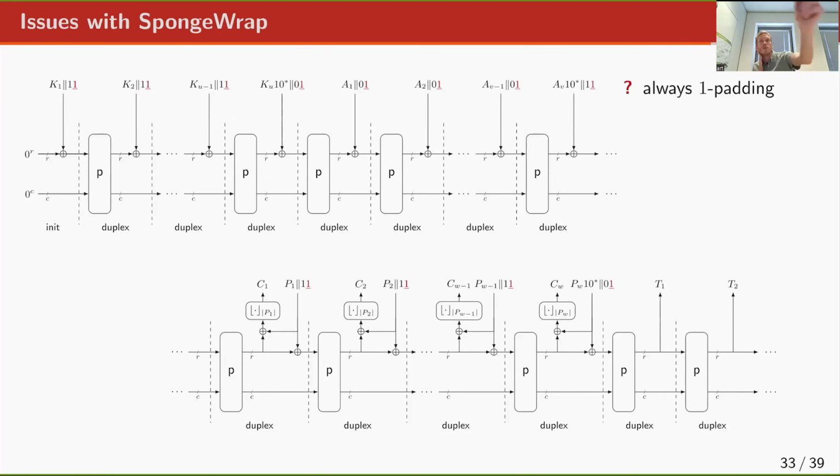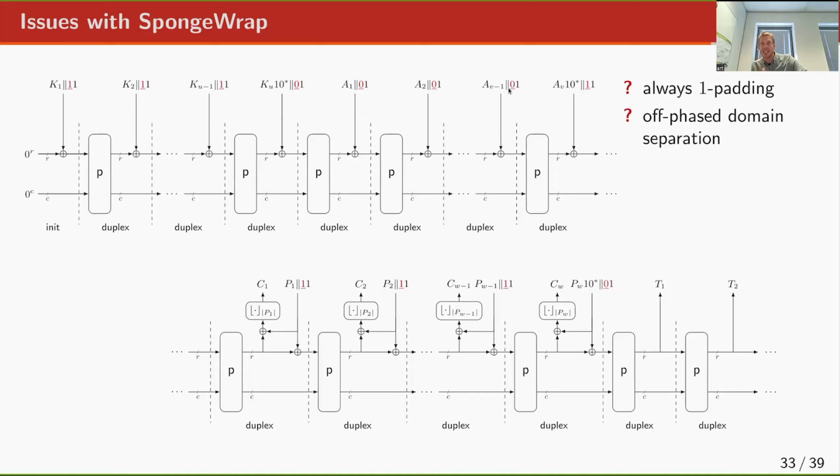First of all, you have the one padding everywhere. Every duplex call makes a one padding. Where does this come from? This comes from the original proof to reduce it to the sponge indifferentiability. But in practice, we don't need this. Then there is a domain separation, the red bit everywhere, which is a bit off phase.